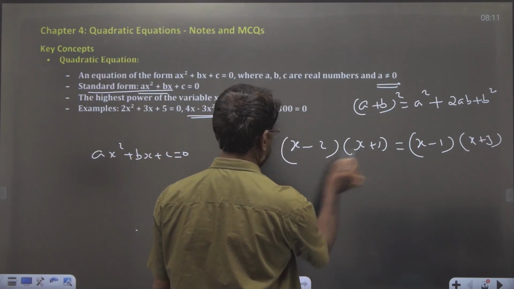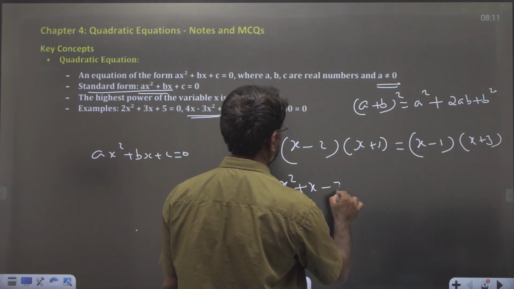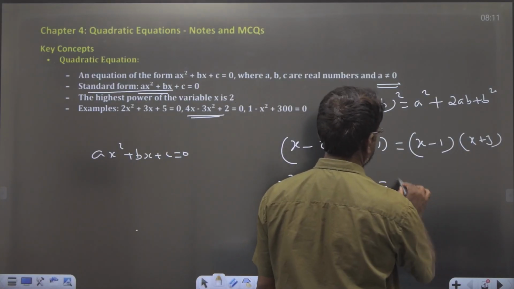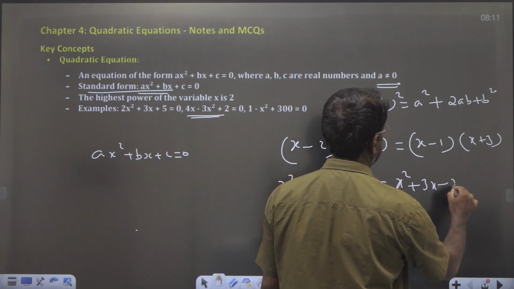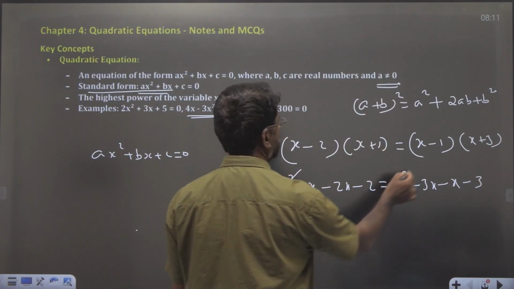Multiply this: x into x, x square, plus x into 1, x, minus 2x, minus 2, that is equal to x into x, x square, x into 3, plus 3x, minus 1 into x, minus x, minus 1 into 3, minus 3. x square directly cancelled.